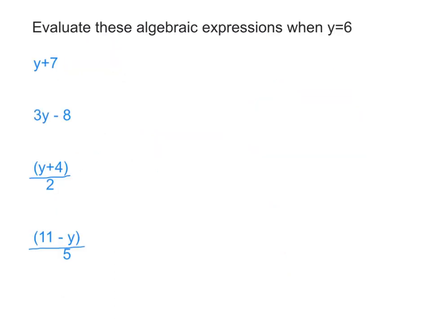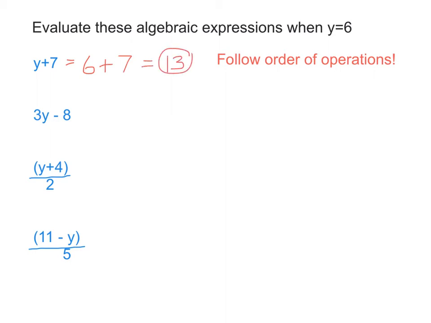Pause the video and try to evaluate these algebraic expressions when y equals 6. So substitute 6 wherever you see a y, and don't forget to follow the order of operations. In the first one, replacing y with 6 gives us 6 plus 7, and there's only one operation, so I just add those to get 13.